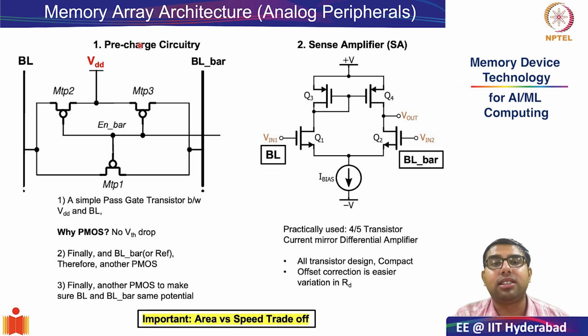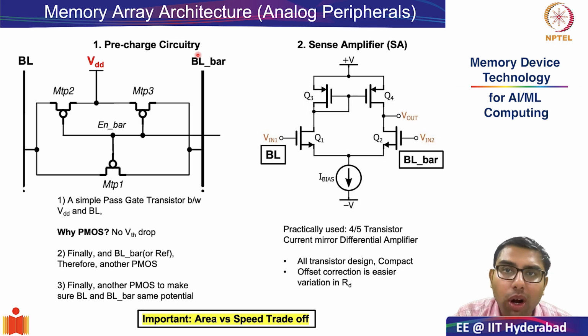As we had discussed in the pre-charge circuitry, the size of P2 and P3 will determine the drive strength and therefore how much current can flow through VDD and bit line. This will in turn determine how quickly these CBL and CBL bar can be charged.